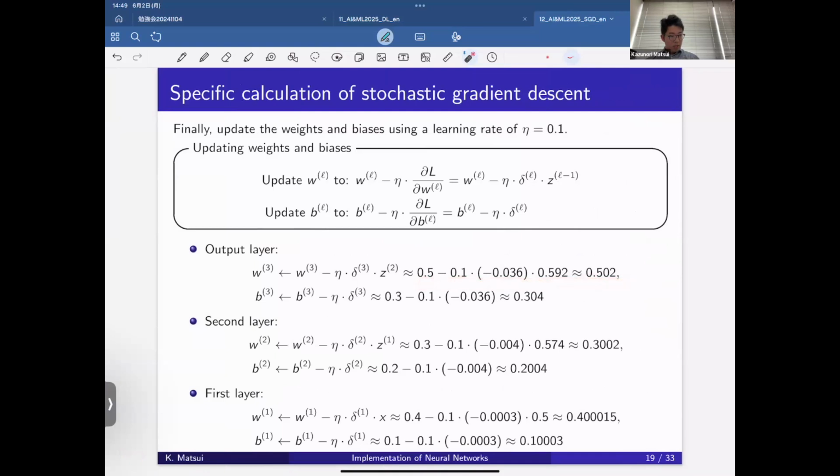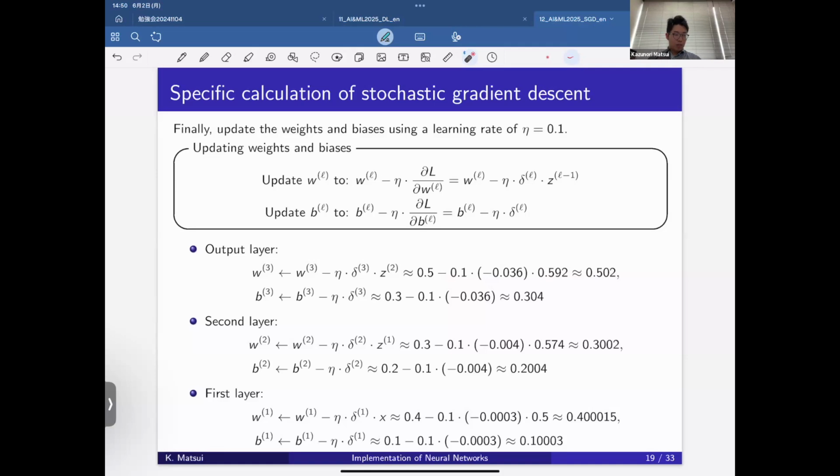This way we determine how B3, W2, B2, W1, B1 should be updated. The specific numbers are not important, but how the numbers are determined is. As we saw before, the error is determined, the difference between the predicted value and the actual value is determined, then delta 3 is determined, delta 2 is determined, and finally delta 1 is determined.